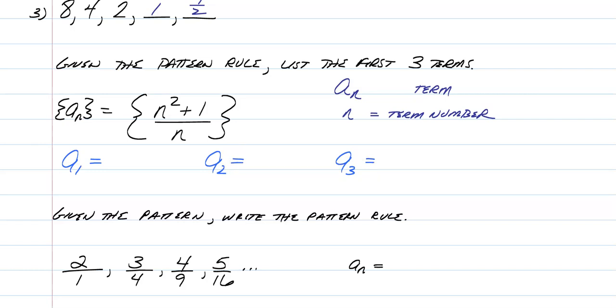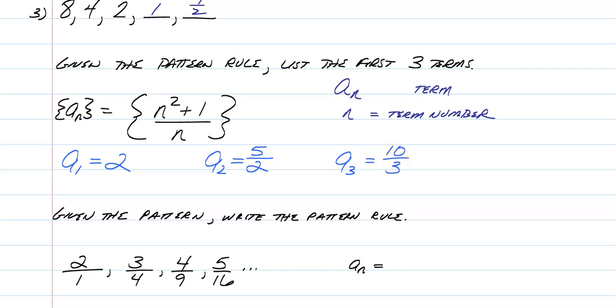Since n is 1, all you have to do is substitute a 1 into your n's. N squared is 1, plus 1 is 2, over 1 is 2. Then you substitute in a 2. 2 squared is 4, plus 1 is 5, over 2. And finally, a sub 3: 3 squared plus 1 is 10 over 3.